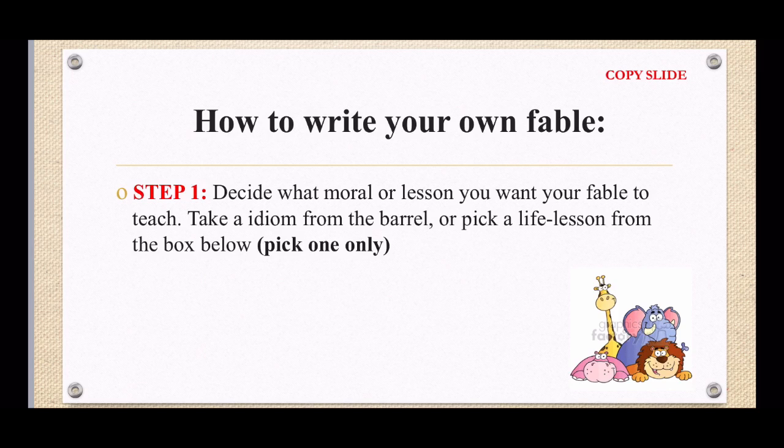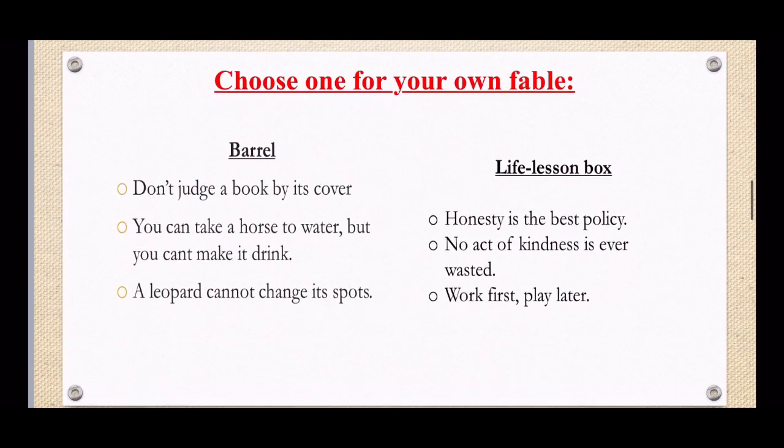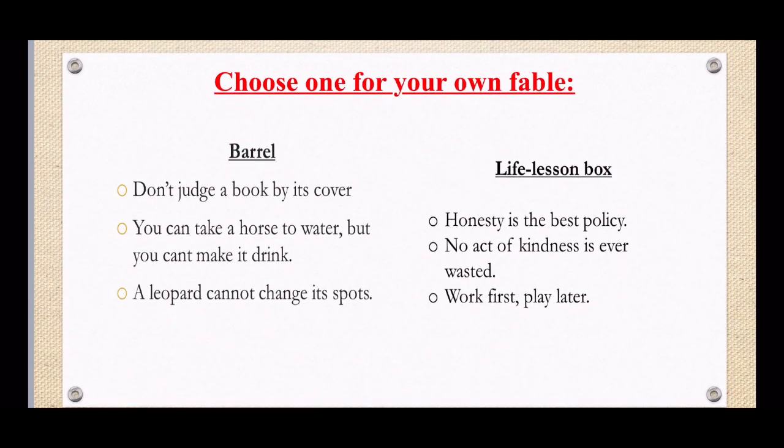You only pick one of these, either from the barrel or from the box, and that will be the lesson you'd like your fable to teach. Also, please note that whenever there's a copy slide on top of the slides, you need to copy this in your book. Okay, so now you need to choose one for your own fable.